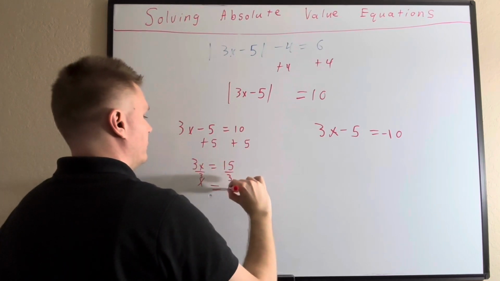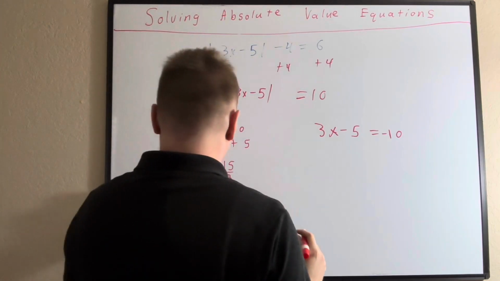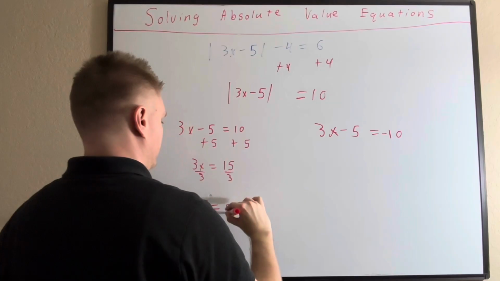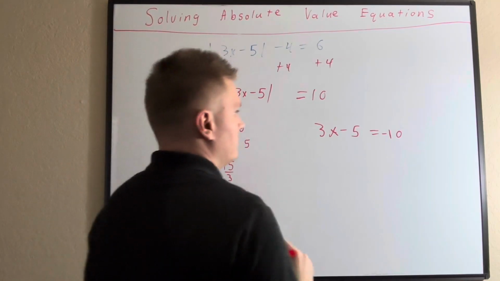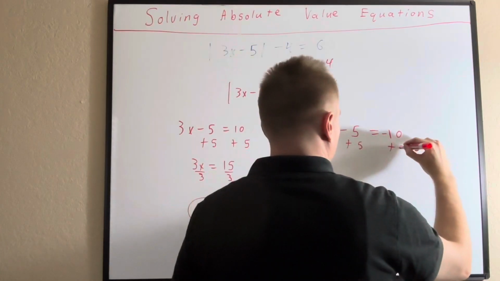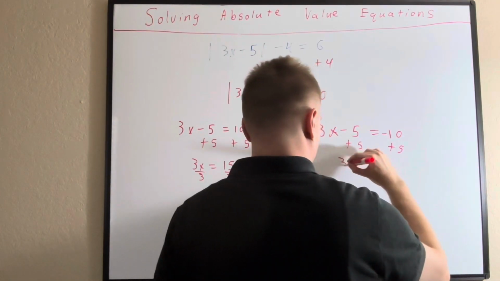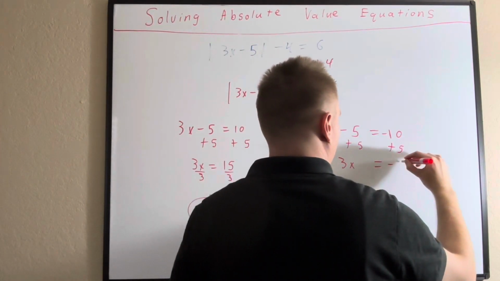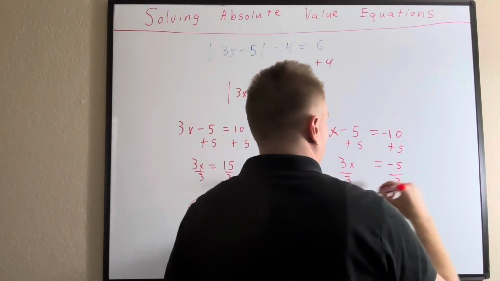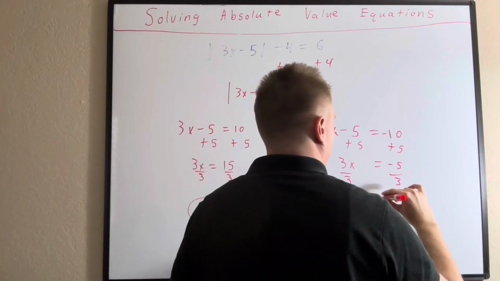X equals 5. All right, what about this one? 3x equals negative 5. It's not going to turn out quite so nice, is it?